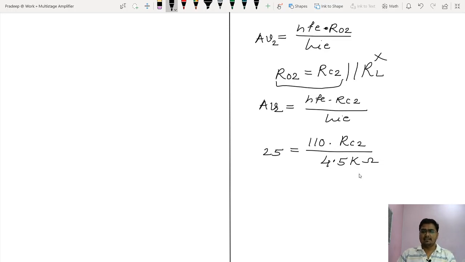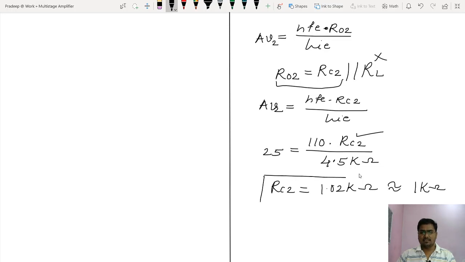So using my calculator, RC2 is 25 multiplied by 4.5k divided by 110, which gives 1.02 something kilo ohm, approximately 1k. So this is the value of the collector resistor that I am going to connect at stage 2.